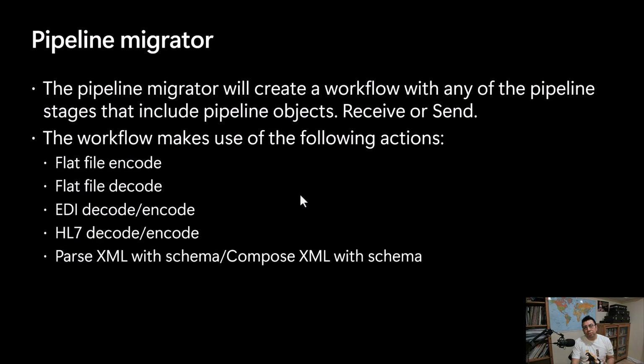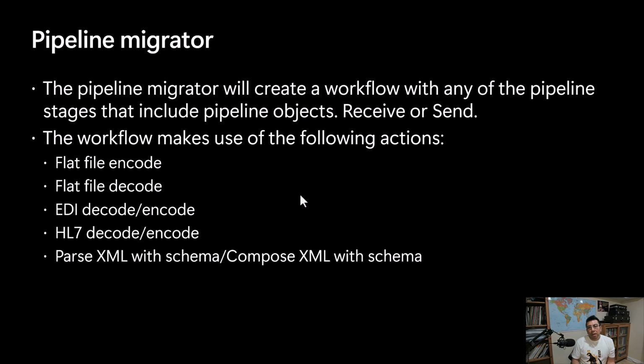All of these orchestrations, they provide a structure, but we don't have a message as you would in BizTalk Server, right? So we don't have that concept. But we have a Parse XML and Compose XML. Parse XML with XSD schema and Compose XML with XSD schema that you can use to craft your objects, and they will be available in the designer.